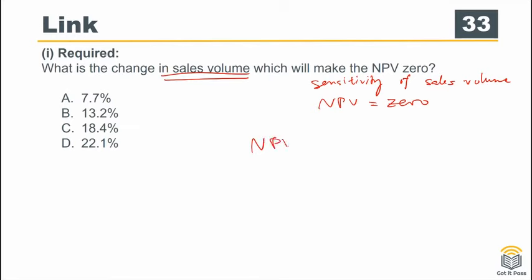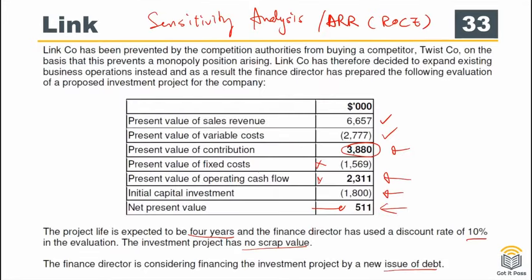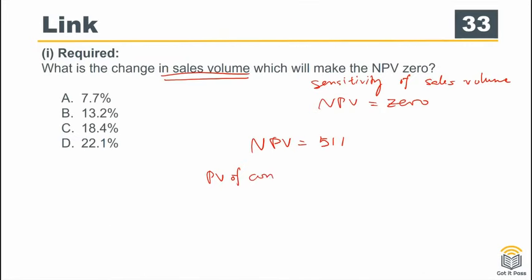The NPV of the project is 511. Okay, and the present value of contribution is 3,880. So, for example, if the present value of contribution is dropped by 511, the NPV will be 0, right? It's 0.